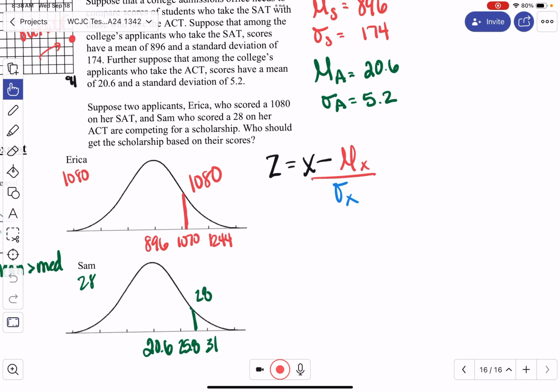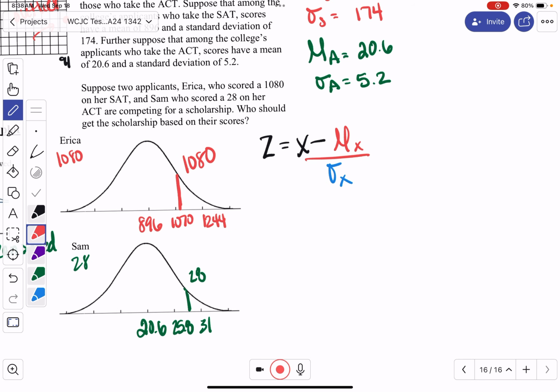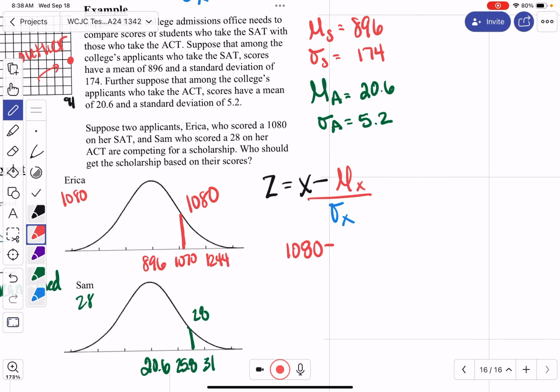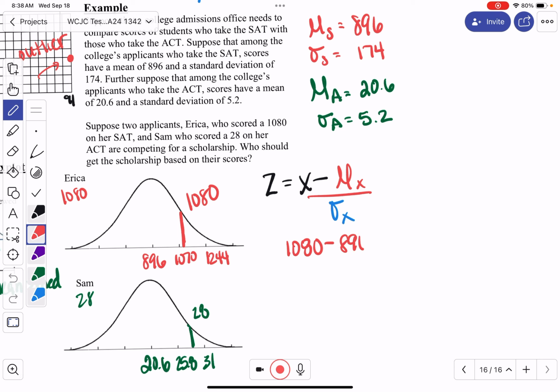So when we go back and look at this, Erica's score was a 1080 minus her mean, which was 896, divided by our standard deviation of 174. So this is Erica's z-score.